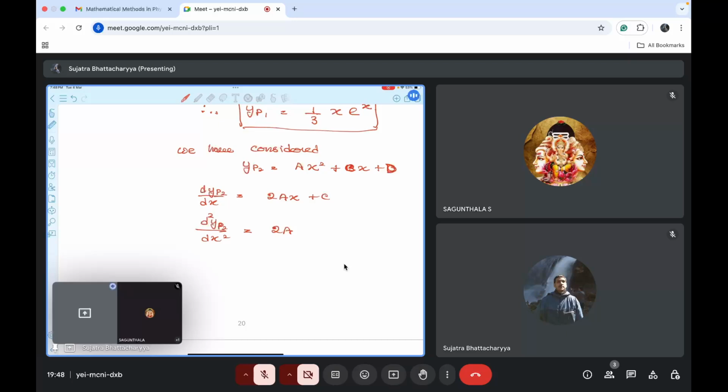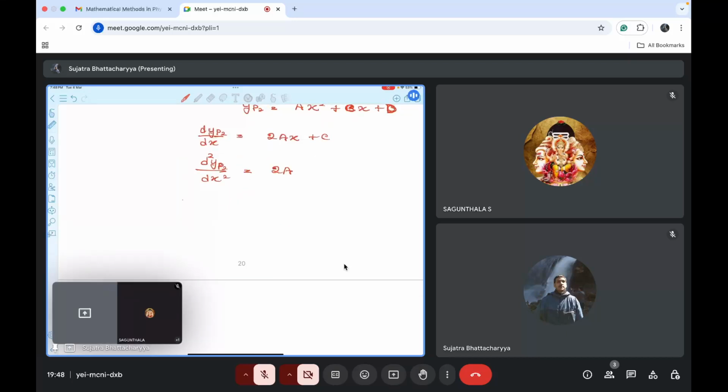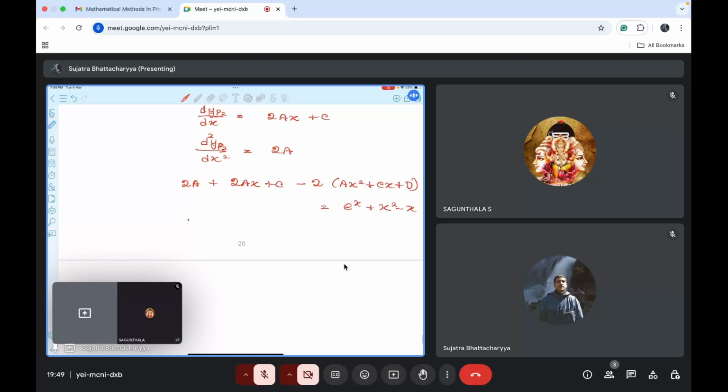All right, just put it in the equation. So it will be 2a plus 2ax plus c minus 2 times ax square plus cx plus d, which is equal to e to the power x plus x square minus x. Fine, let's go ahead.